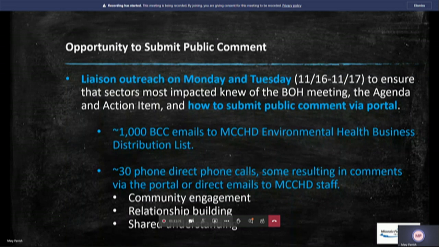And then Steve also engaged in many, many direct phone calls. And those phone calls, again, either resulted in a direct comment through the feedback portal or an email, so something in writing. Steve has been working in that liaison role, and it's just been really wonderful to have that relationship building and build a shared understanding between the health department and the community, and vice versa, about what's what with the response.